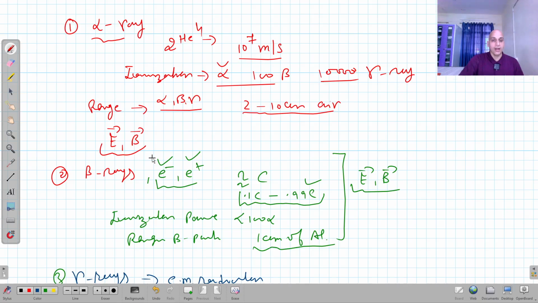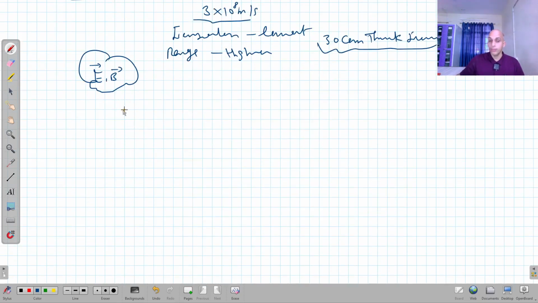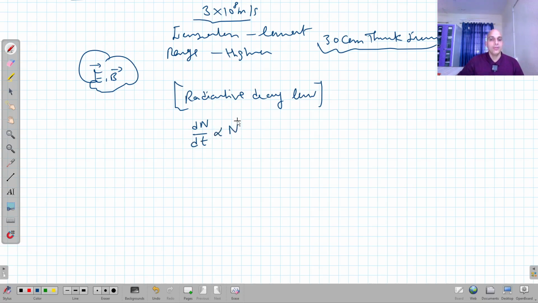Now I'm coming to some important relations of radioactive decay. The first one is the radioactive decay law. We know very well, we have learned it so many times, that according to the radioactive decay law, dN upon dt, the rate of change of the nuclei, is directly proportional to the number of nuclei present in the sample at that time, right?